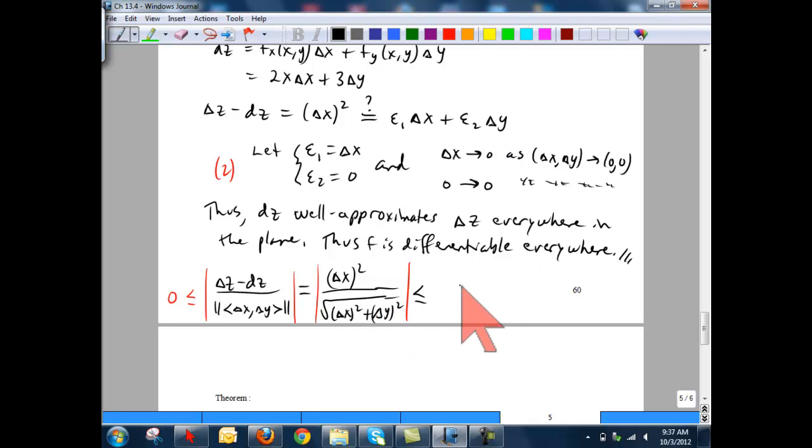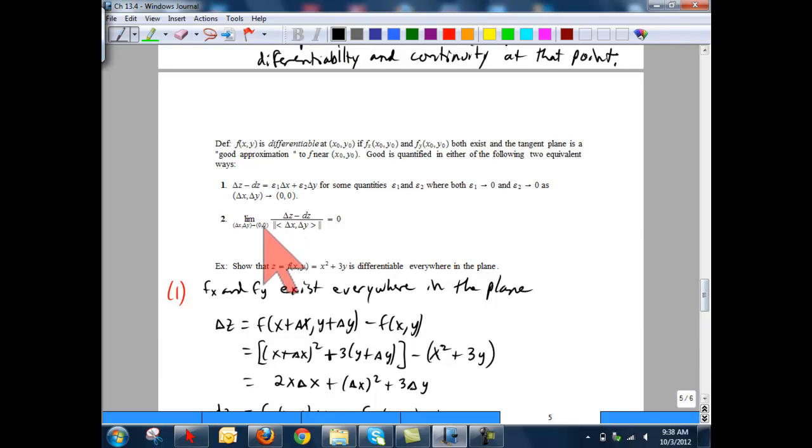So this thing is less than or equal to delta x quantity squared divided by the square root of delta x quantity squared. And what is this? Well, downstairs I have just the magnitude of delta x, and upstairs I have the magnitude of delta x squared. So this cancels one factor, and this works out to be the magnitude of delta x.